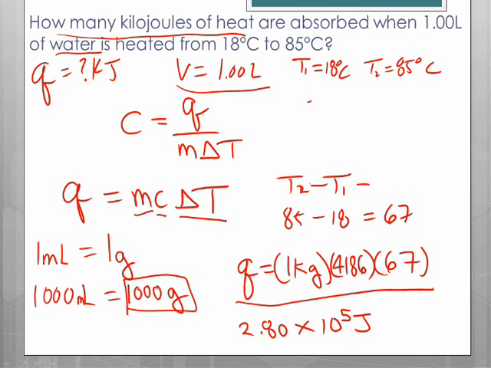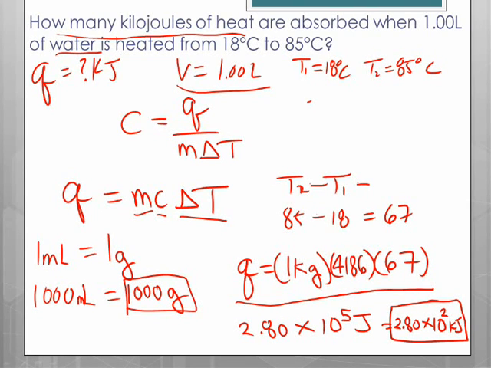So that means we have to divide by 10 to the 3. If we divide by 10 to the 3, that's going to be 2.80 times 10 to the second kilojoules. So that is a lot of heat produced just from 1 liter of water.